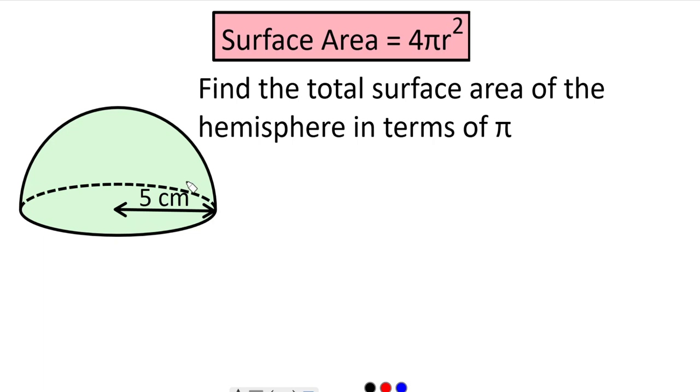One, the curved surface, and then the flat surface on the bottom, which is really a circle. So to find the total surface area, you will have to work out the surface area of the curved part and the flat bottom surface.